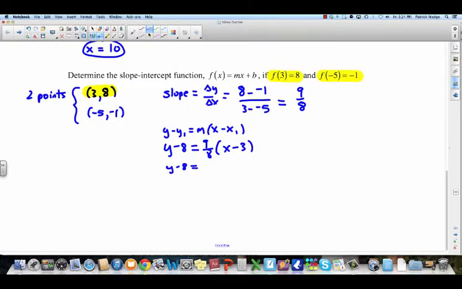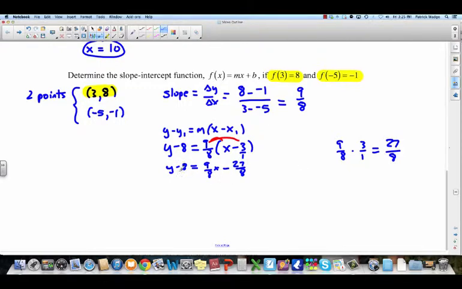Distributive property, expanding, and what we get is 9 over 8x, and 9 over 8 times, well, first of all, it's times a negative, so it's going to be minus 9 over 8 times 3, which is the same as 3 over 1. 9 over 8 times 3 over 1 is 27 over 8. So I know it's ugly, but that's what we have so far.